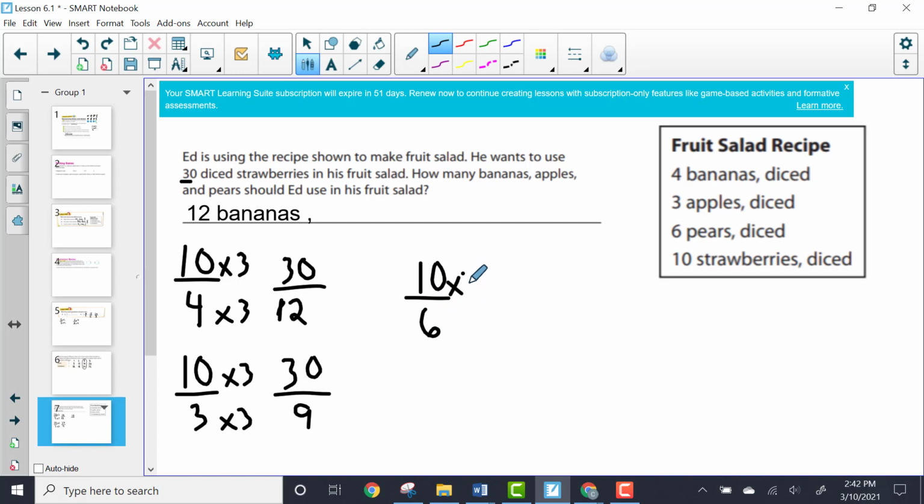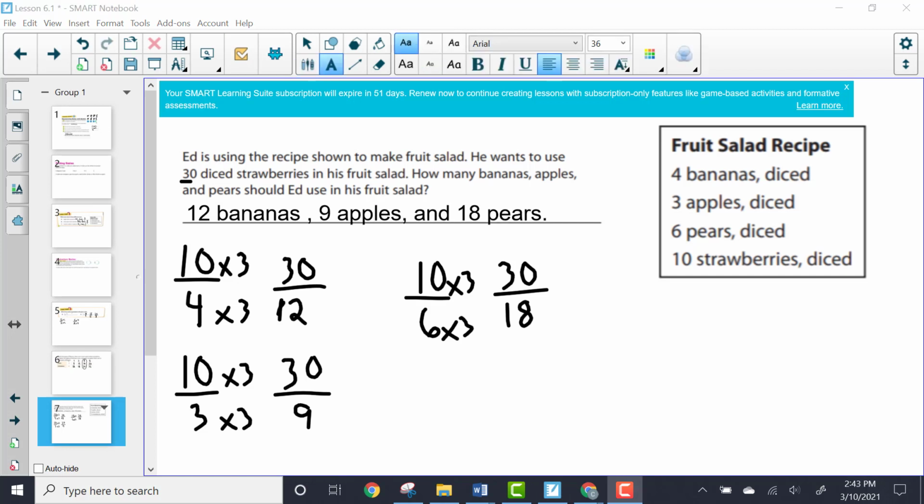Multiply both terms by 3 because we have to get to 30 strawberries there. So that's going to be 30 to 18 when there are 30 total strawberries.